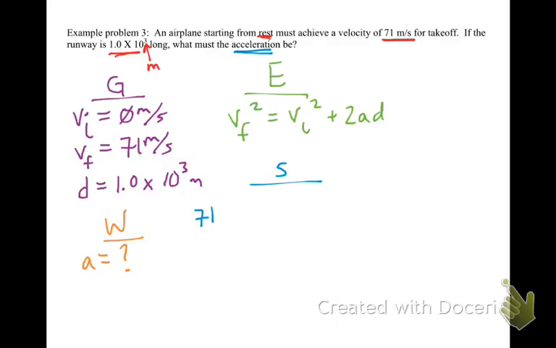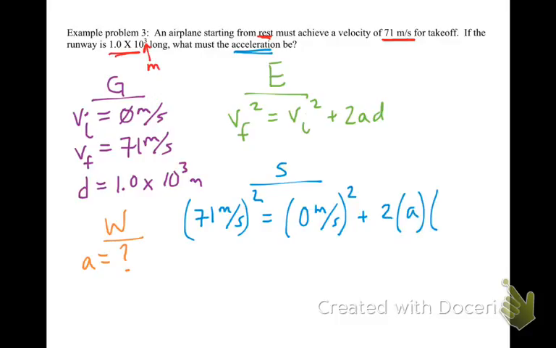So we've got 71 meters per second squared equals 0 meters per second squared plus 2a, which is what we're solving for, d is 1 times 10 to the third meters. So we solve for this algebraically. Basically, this goes to 0.